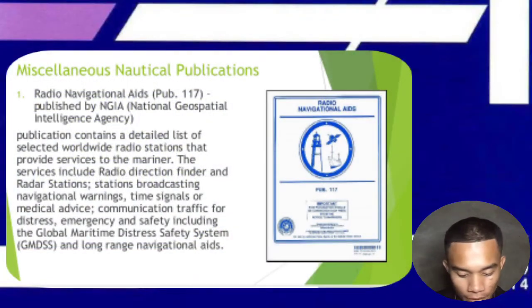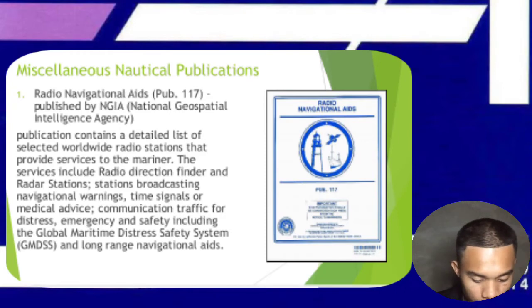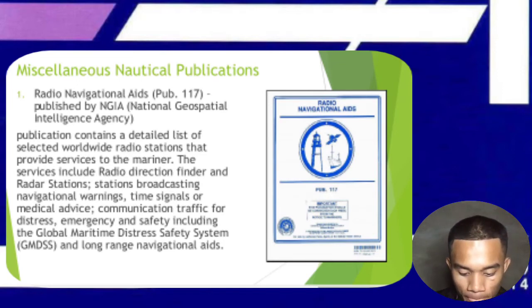Next is radio navigation aids, Publication 117, published by NGA, the National Geospatial-Intelligence Agency. The publication contains a detailed list of selected worldwide radio services, including radio direction finding and communication traffic for distress, emergency, and safety, including the Global Maritime Distress and Safety System, GMDSS, and long-range navigational aids.